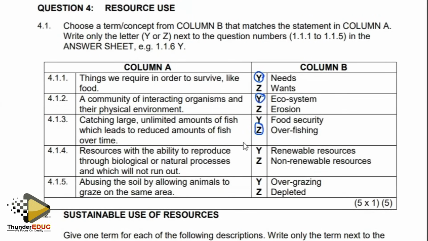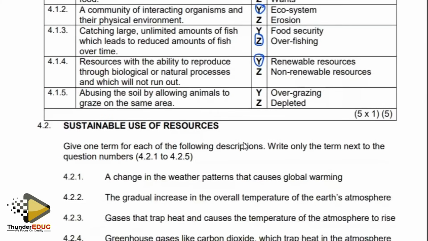Then we have resources with the ability to reproduce through biological or natural processes, which do not run out. Is it renewable or non-renewable? Those are renewable resources. Abusing the soil by allowing animals to graze on the same area. Is it overgrazing or depleted? It is overgrazing. Here you have your 5 marks.